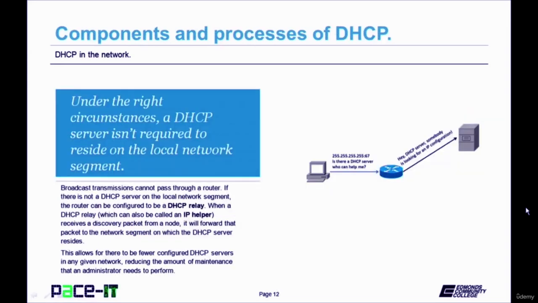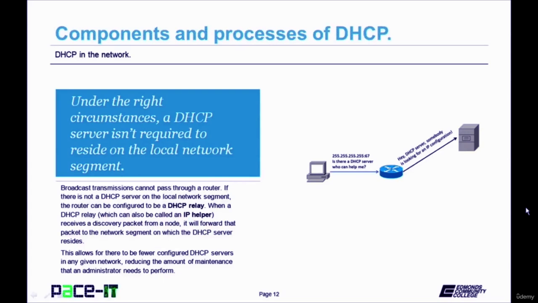Now, under the right circumstances, a DHCP server isn't required to reside on the local network segment. Now, as a general rule, broadcast transmissions cannot pass through a router. But if there is not a DHCP server on the local network segment, the router can be configured to be a DHCP relay.